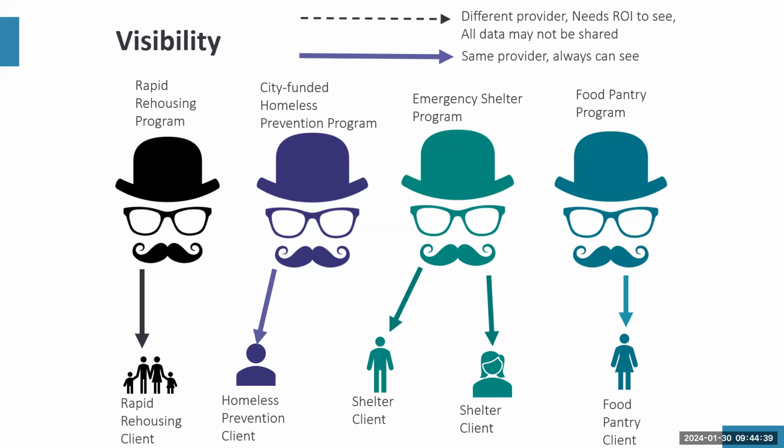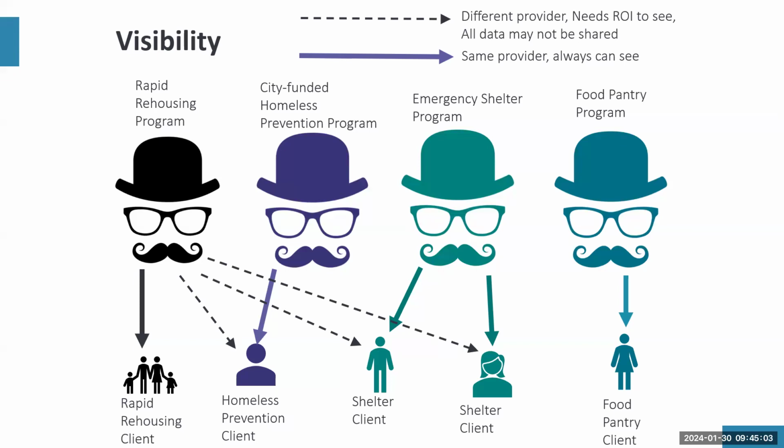However, in order for the rapid rehousing provider to see any information entered by the homelessness prevention, the emergency shelter, or the food pantry program, there must be an HMIS ROI that has been signed by the client, verbally acknowledged by the client, and entered into HMIS.